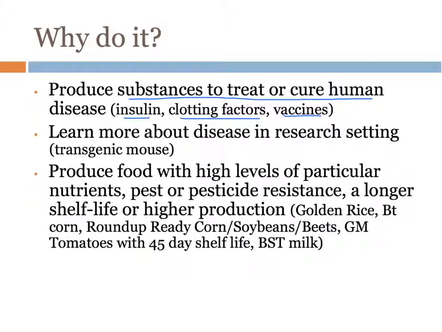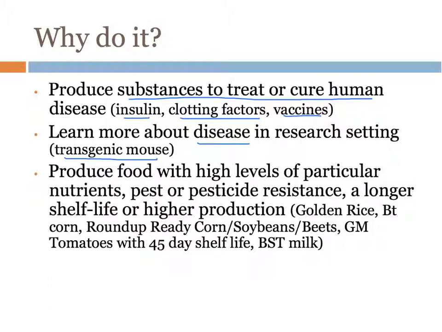We also, as I said, learn a lot more about diseases, about what happens if you do not have a gene working correctly, by using animals that have a bit of human DNA. And so any creature, any organism that has a bit of some other organism's DNA in it is known as a transgenic organism. So we have transgenic mice that are used extensively in research.